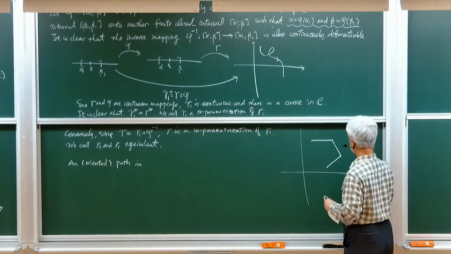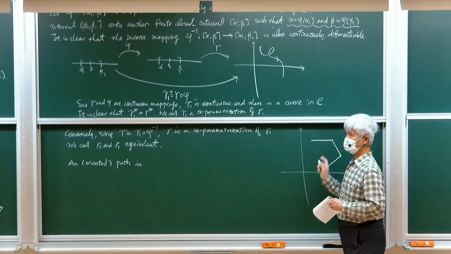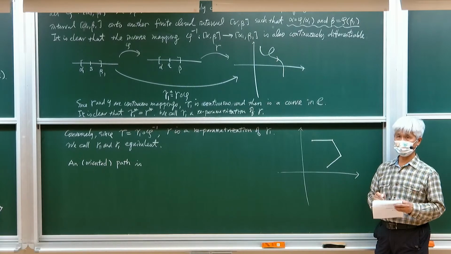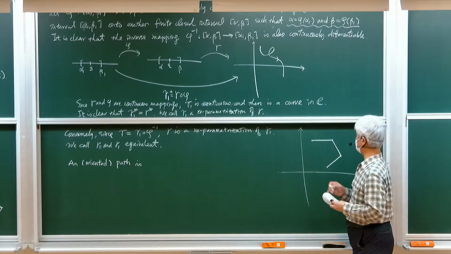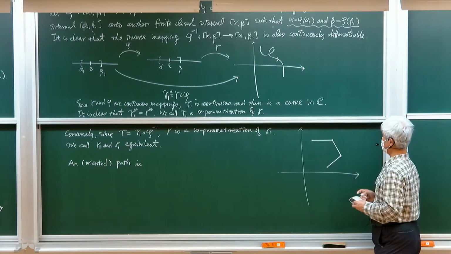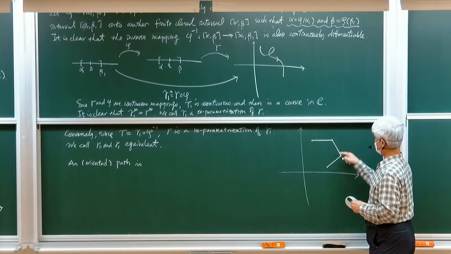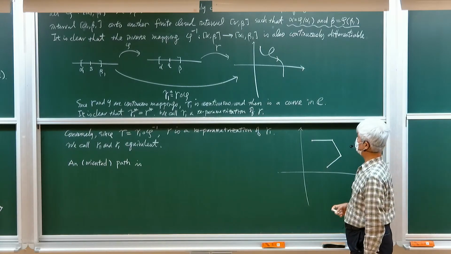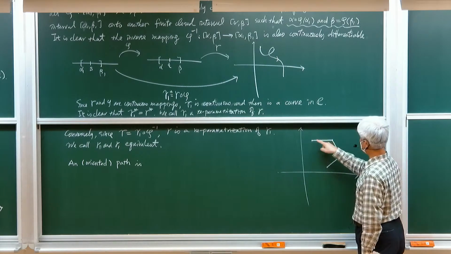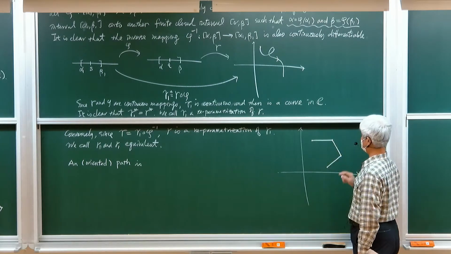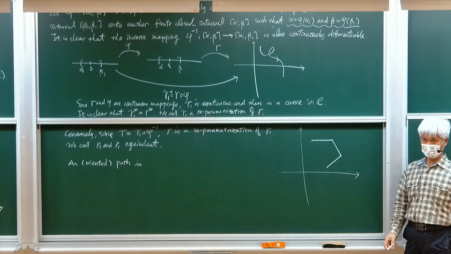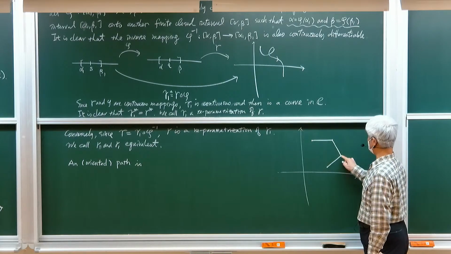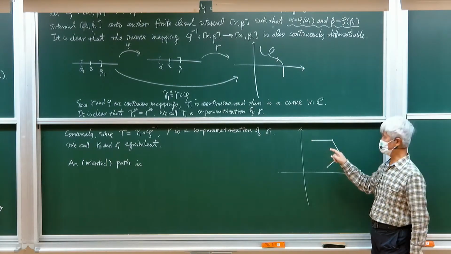If we have a polygon like this one, we can establish a curve, meaning a continuous mapping, such that its image is just this polygon in the complex plane. But as you can see, if we establish such a continuous mapping, it is not differentiable at a corner point here. This is obvious.